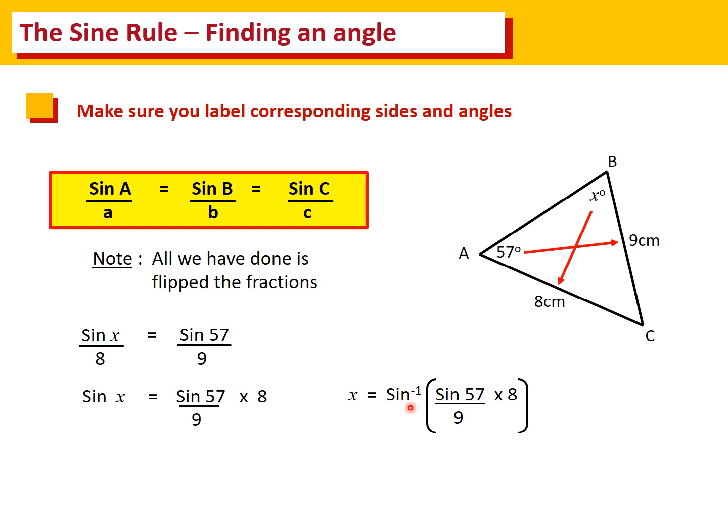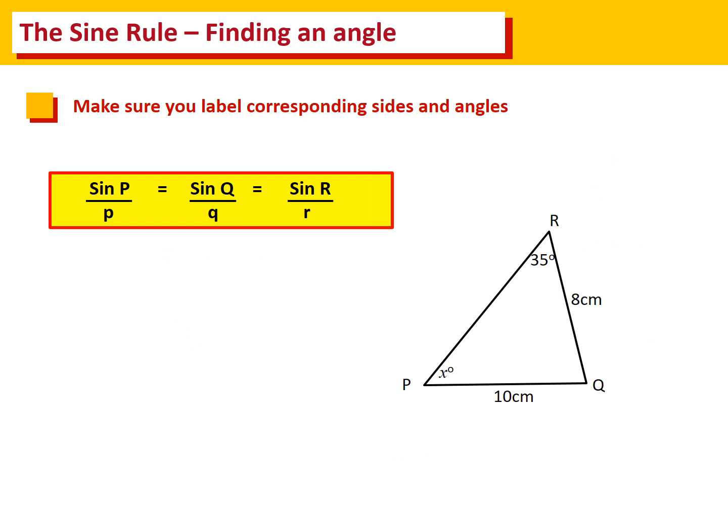In order to obtain that, we press the shift button on our calculator, which is on the top left hand side, shift sine, and then what's in the brackets. The easiest thing to do is actually to calculate what's in the brackets and then just press shift sine answer equals. Shift sine answer equals. And hopefully when you've done that, you've got 48.2 degrees.